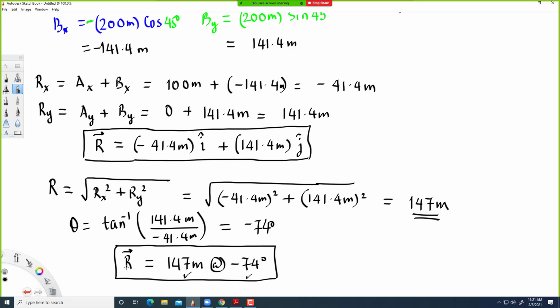Let's look at number 1 on worksheet 4. It should be pretty straightforward after doing all this vector addition. So let me copy and paste the question.